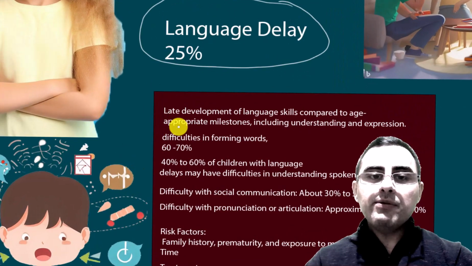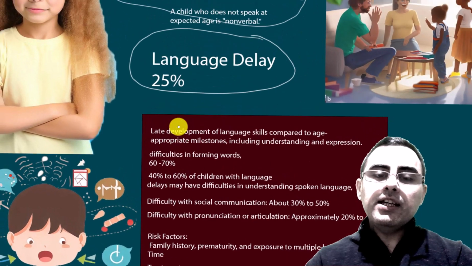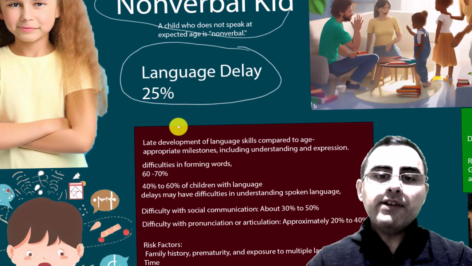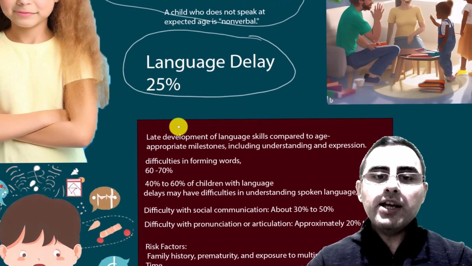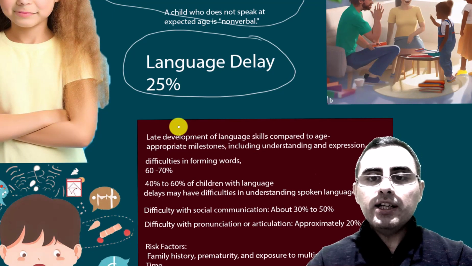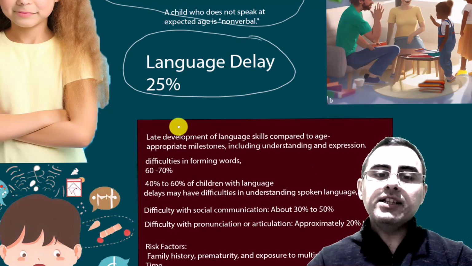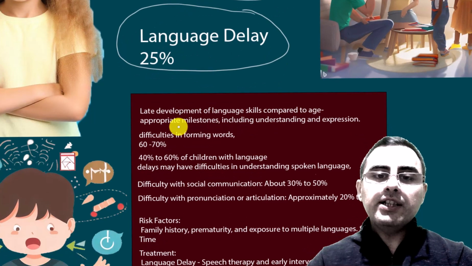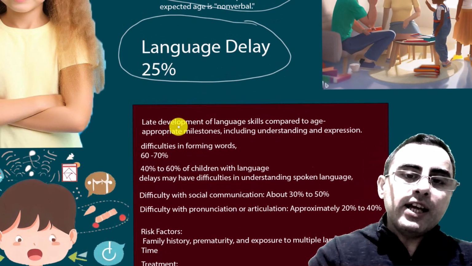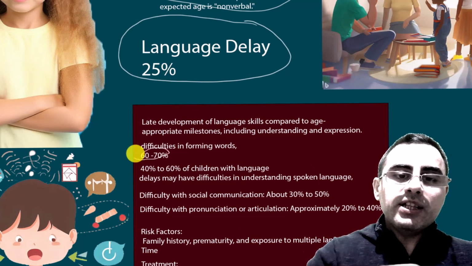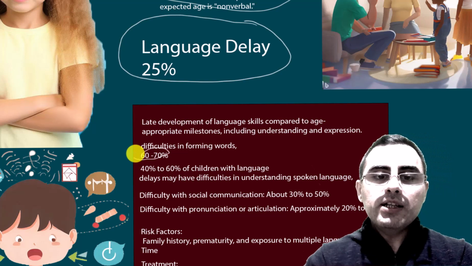In case of language delay, it means kids have late development of language skills compared to age-appropriate milestones, including understanding and expression. Difficulties in forming words are represented in 60 to 70% of cases.